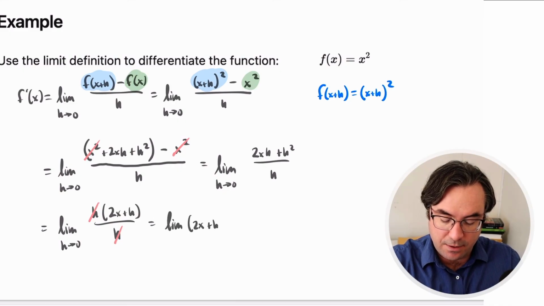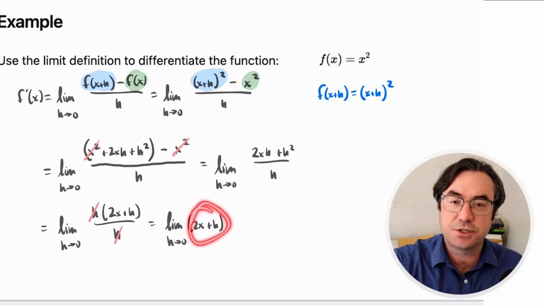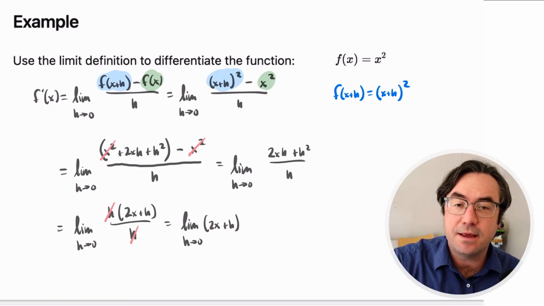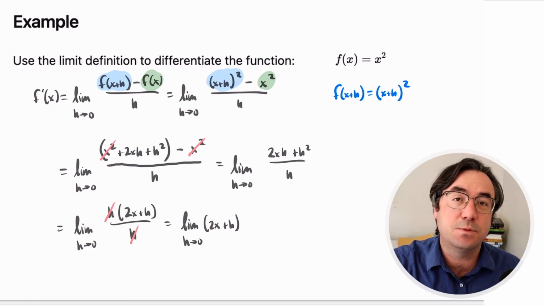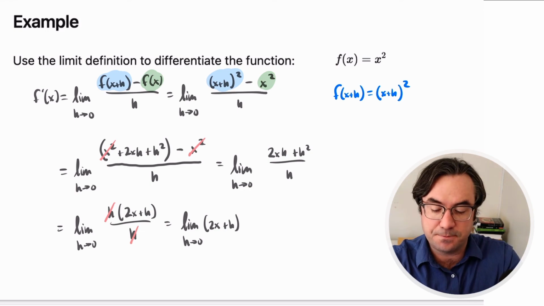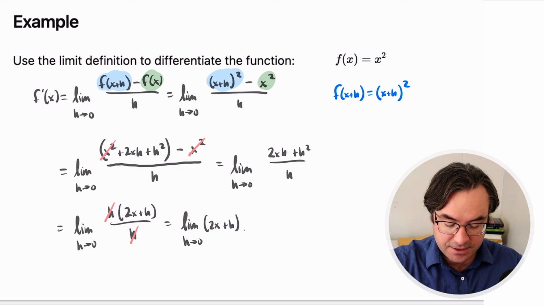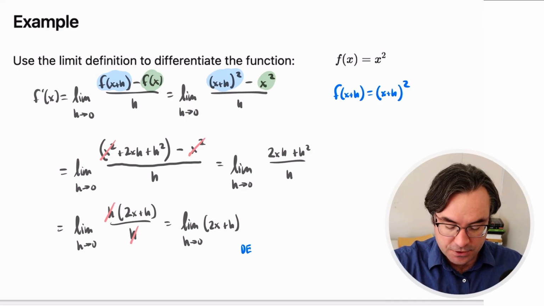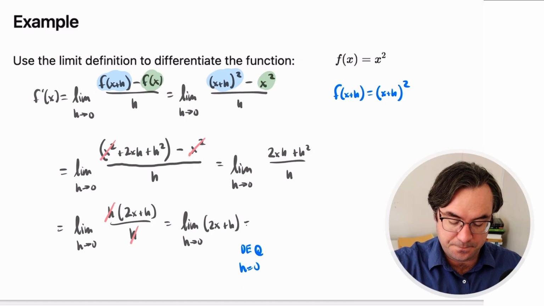And if we look at what we have left, now this is just a regular polynomial. So the way we calculate a limit of a polynomial like this is we just do direct evaluation. And in this case, h is the thing that's changing. So we're going to do a direct evaluation at h equals 0.